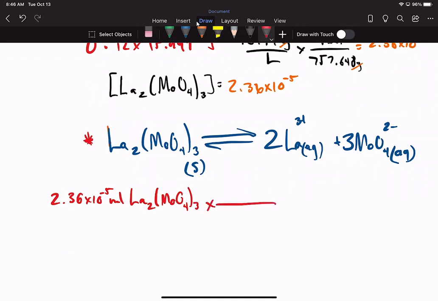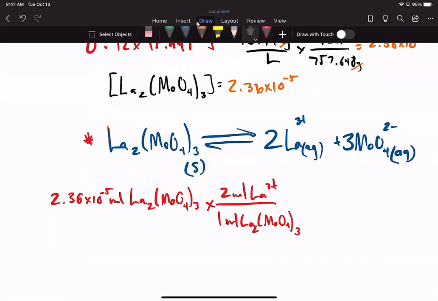If we do some stoichiometry, for every 1 mole of this, I have 2 moles of this.